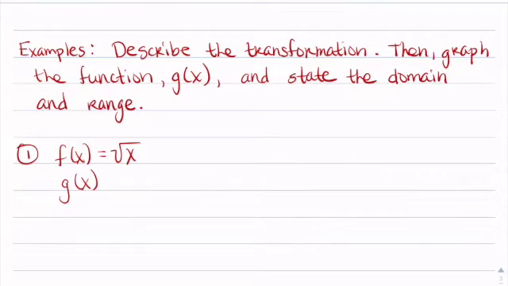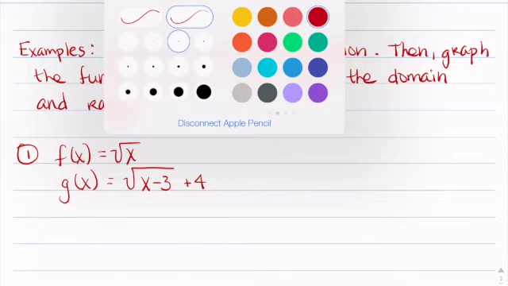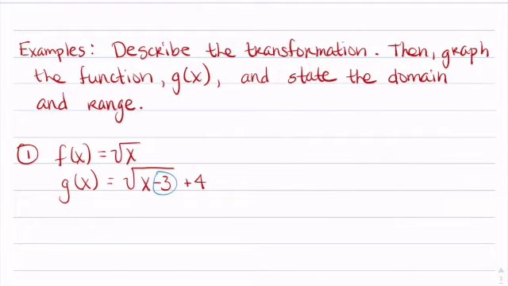And g of x, my transformed function, is x minus 3, all under the radical, and then plus 4 outside the radical. So let's take a look at what we've done to this. Inside with x, we have a minus 3. Remember, inside is horizontal and opposite.